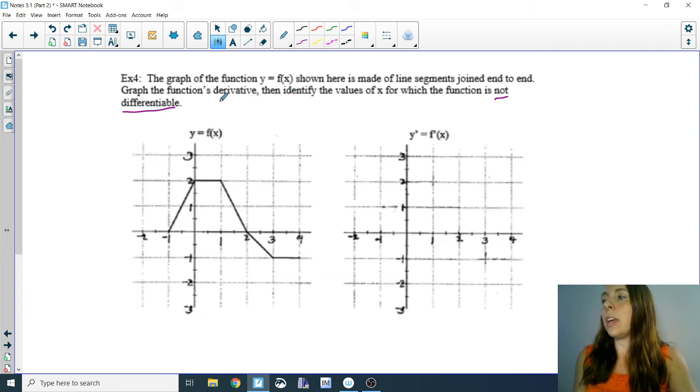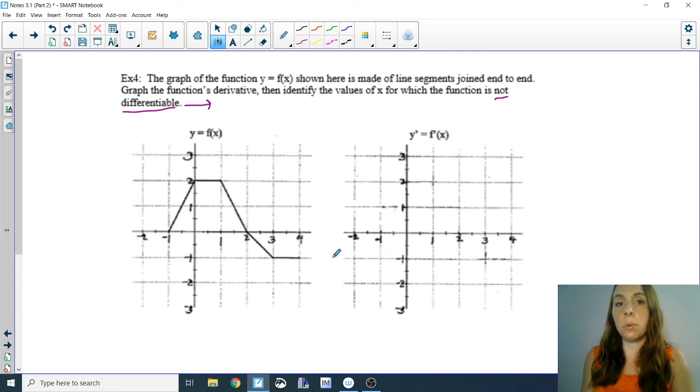All right, well, actually, I think we should do the not differentiable part first, because that's going to tell us something about how we draw points on our derivative graph. Where is this function not differentiable? It's not differentiable at all of those sharp turning points, or any place where the slope makes a quick change.